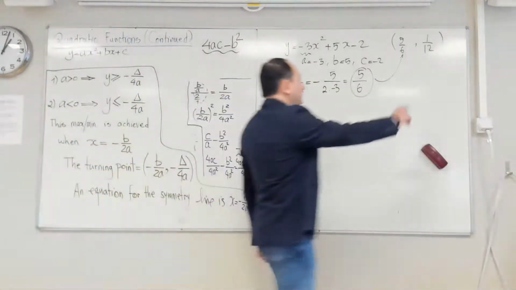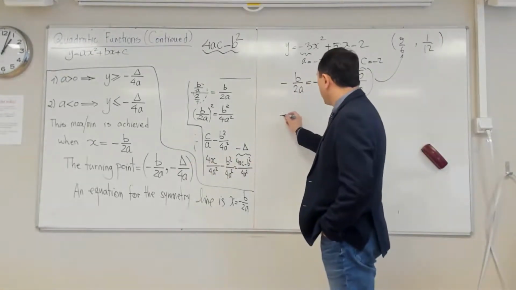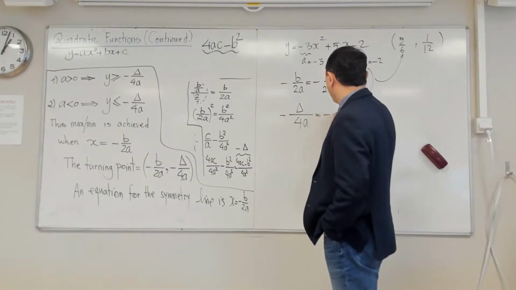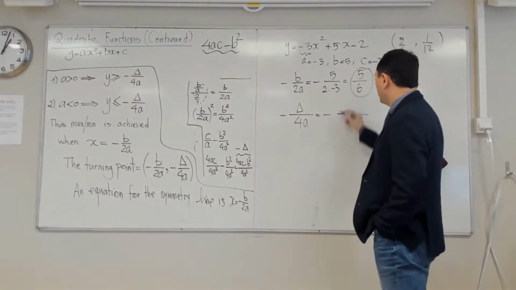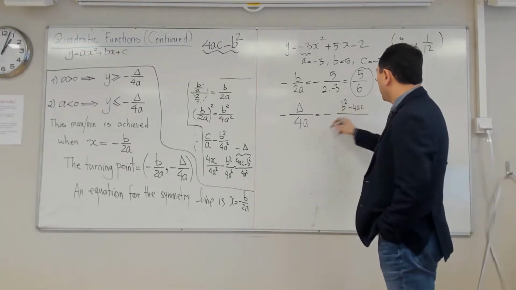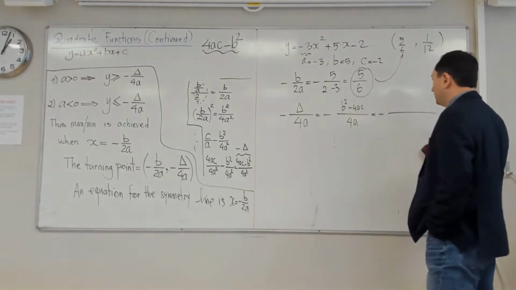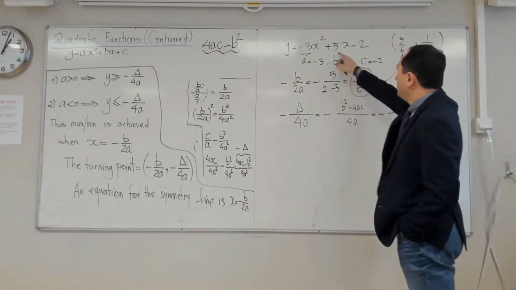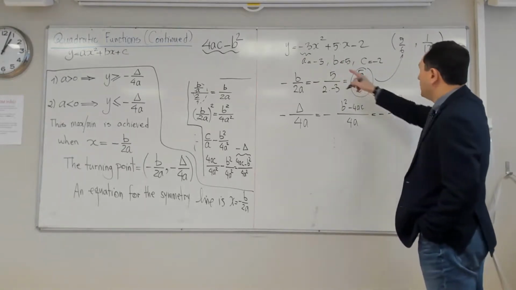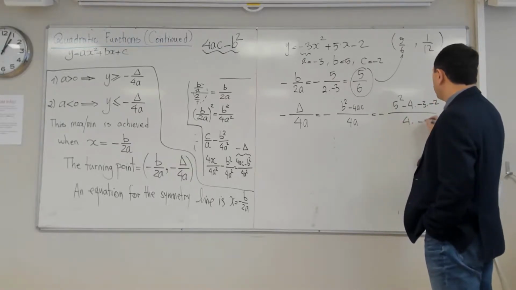Okay, and then if I want to calculate this 1 over 12, I see the formula here. It's minus delta divided by 4a. But hopefully so far you have remembered the formula of delta. Delta is b squared minus 4ac, and then I have 4a here. So let me plug the numbers in. The minus sign is in the formula itself. b is 5 to the power of 2, minus 4 times a times c, divided by 4 times a.